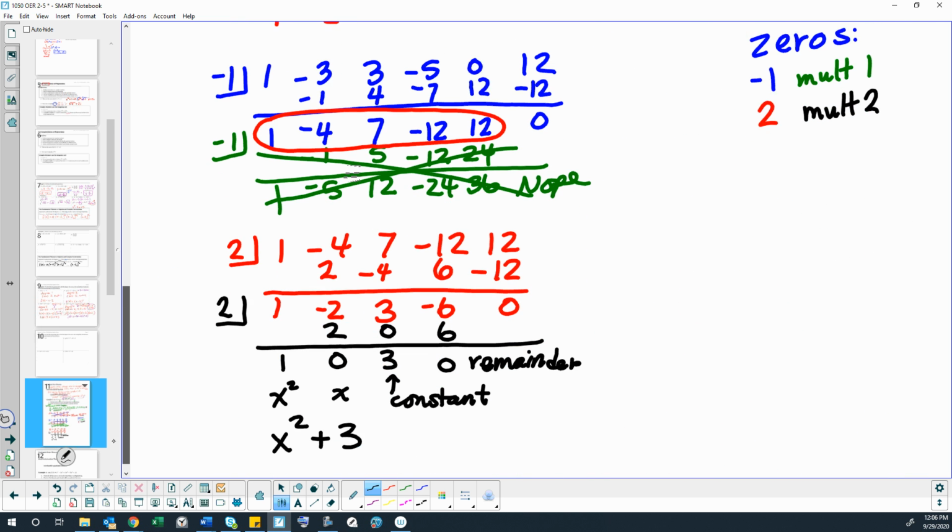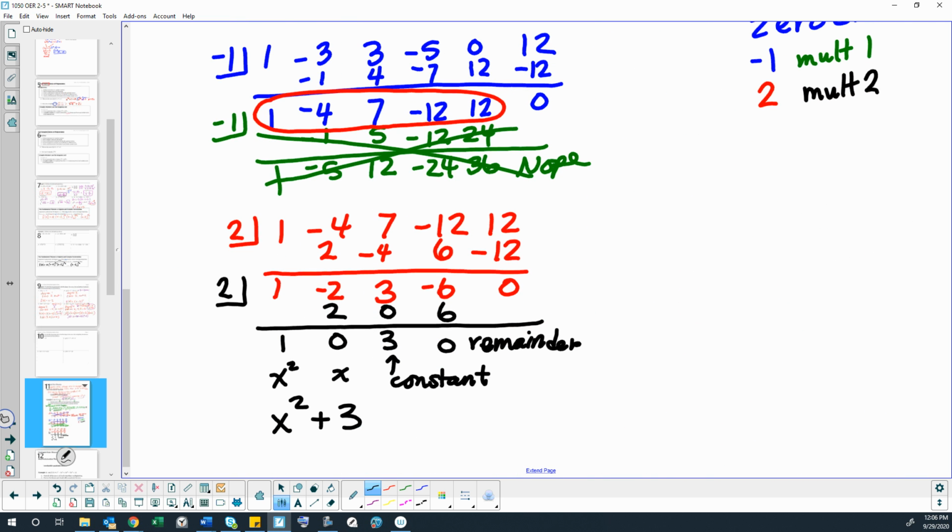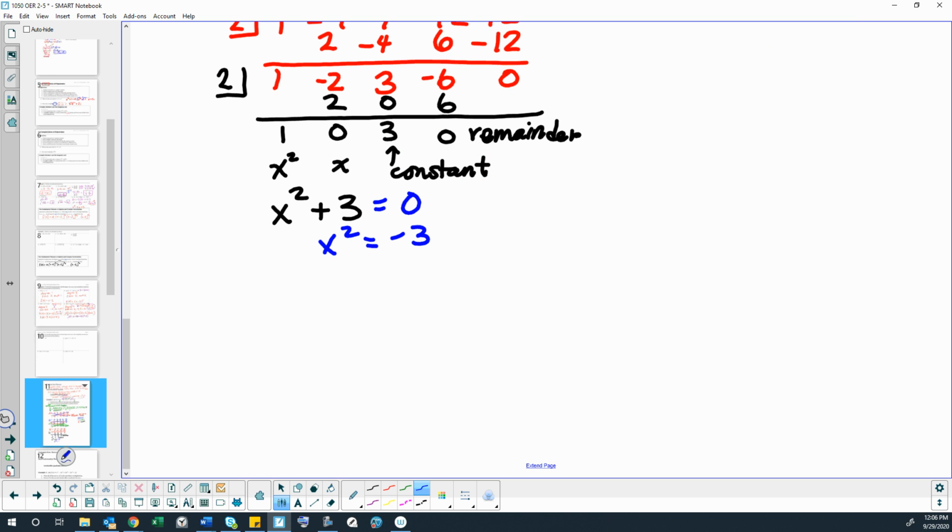So we still need to find the rest of our zeros. So what we're going to do, even though this is an irreducible quadratic factor, we're going to set it equal to 0, move our 3 to the other side, square root both sides, which gives us plus or minus square root of -3, sorry, which is also known as plus or minus i square root of 3.